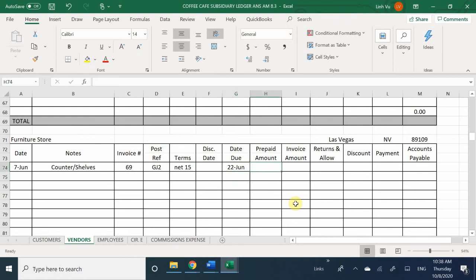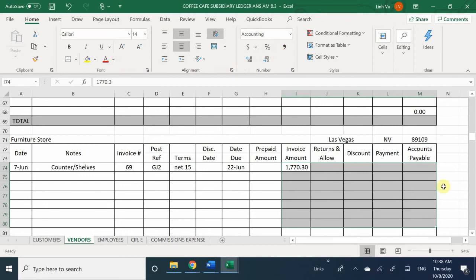Okay? We didn't make any prepaid amounts, but however, we do have an invoice amount, which is for the $1,770.30. All right. And of course, with the assumption that we did not complete anything else beyond this, we didn't even make a payment.